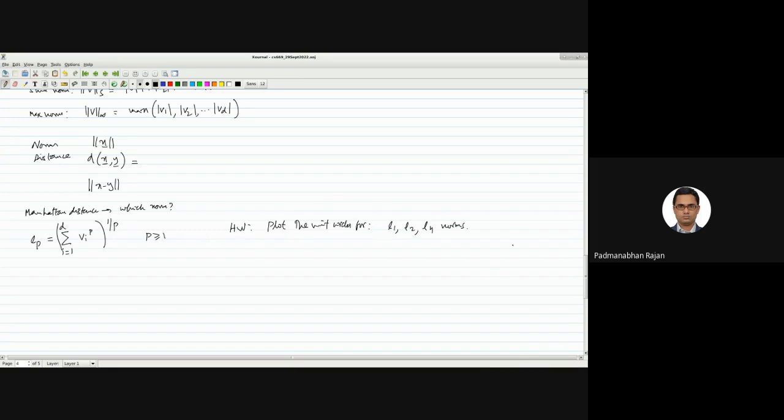Write a program and show how the circles look. This is the general Lp norm, so you can do that as a programming assignment.